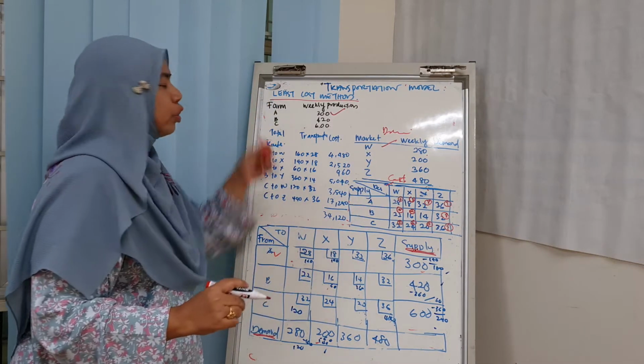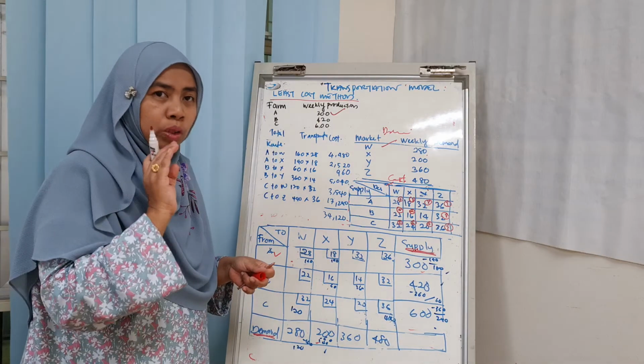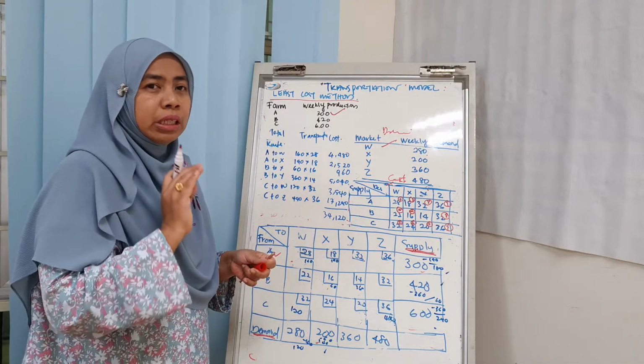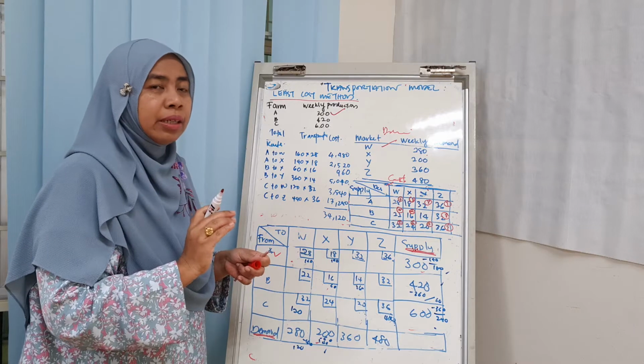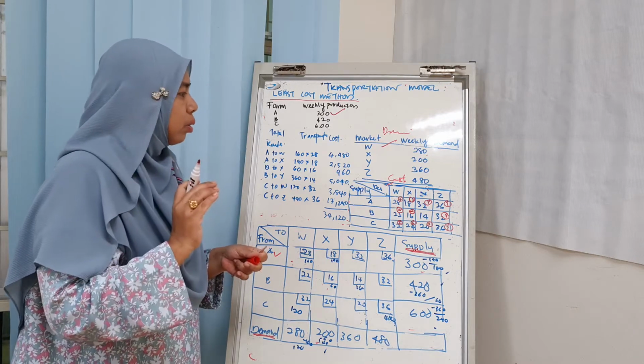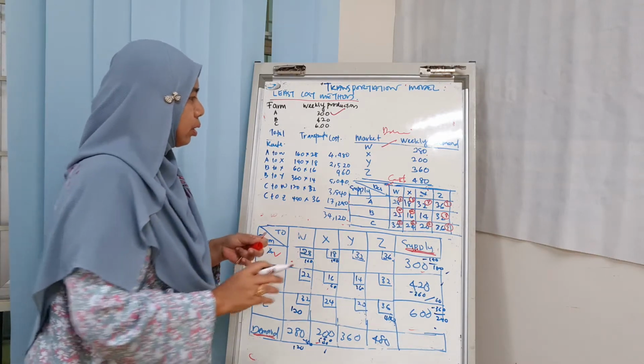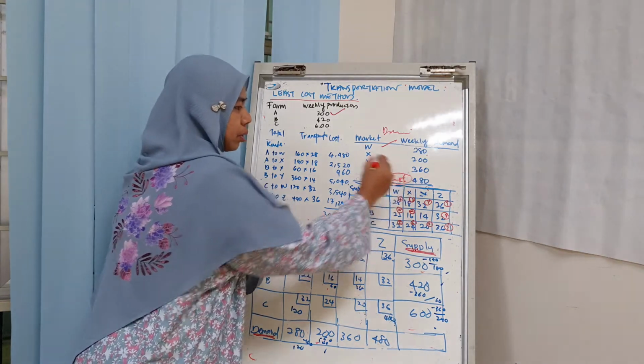For the least cost method, you have to concentrate and give your 100% thinking on the cost table.